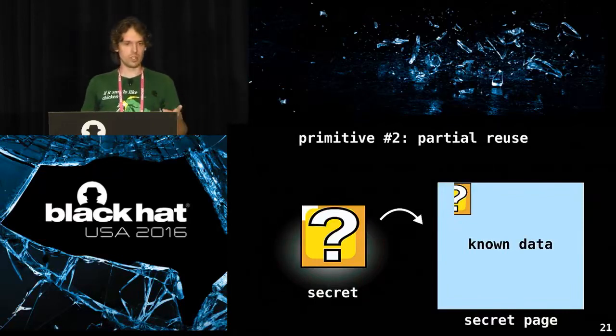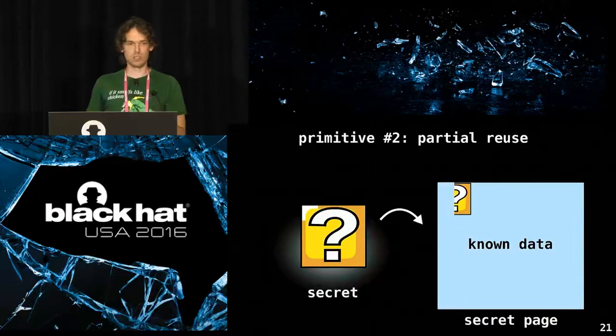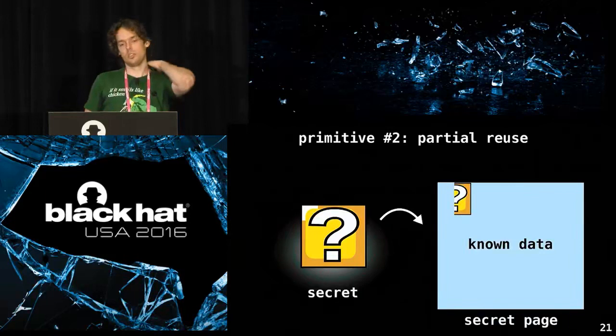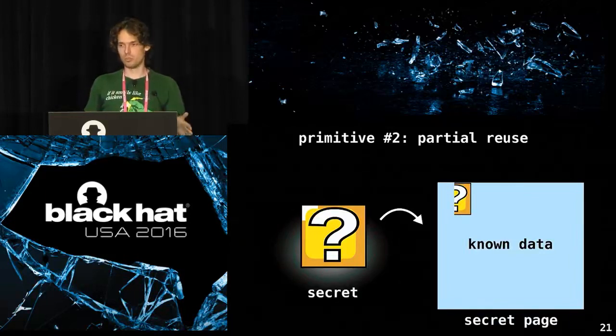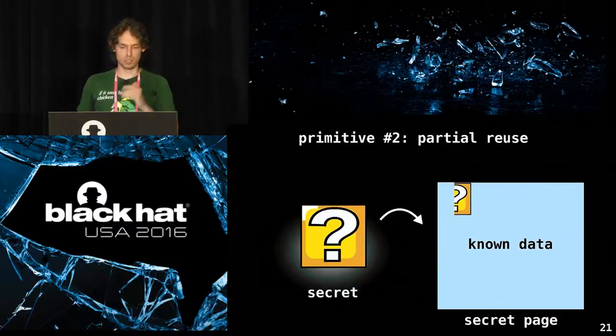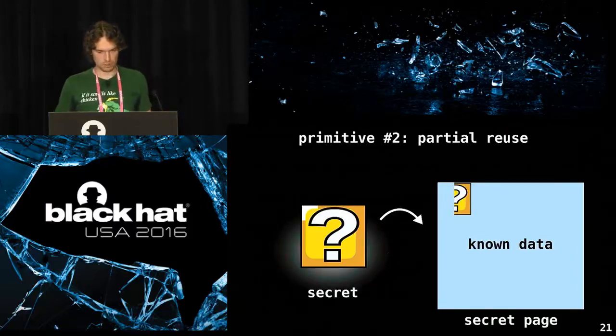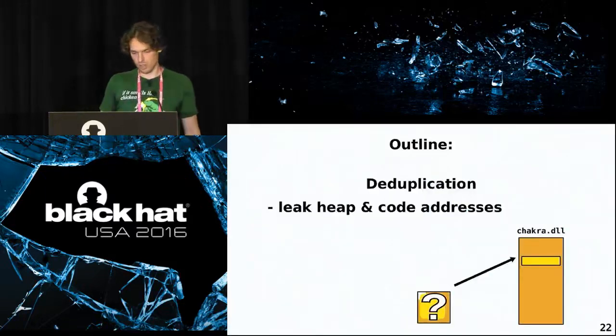Say you have a page somewhere, and then the ASLR pointer somewhere, and then the allocated memory gets freed, and then you get a new allocation with a buffer where you can push data. You can push data up until a certain point where you overwrite part of the secret, and then wait for deduplication. So that's our second primitive.